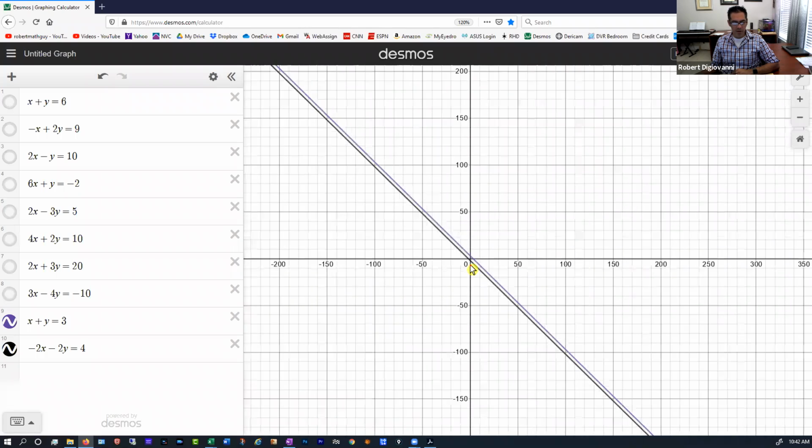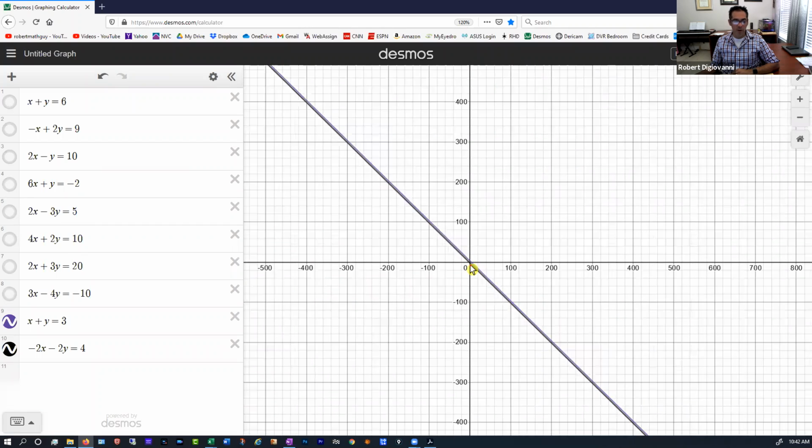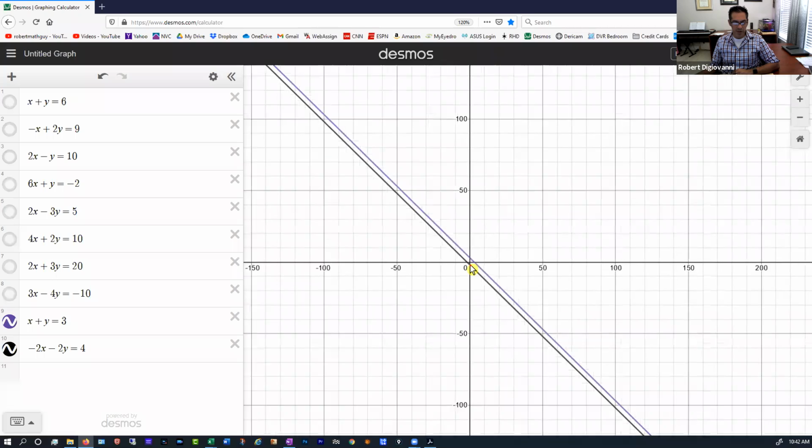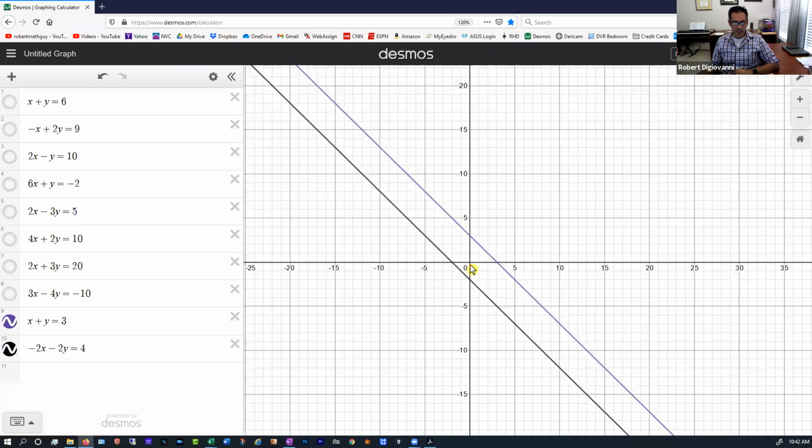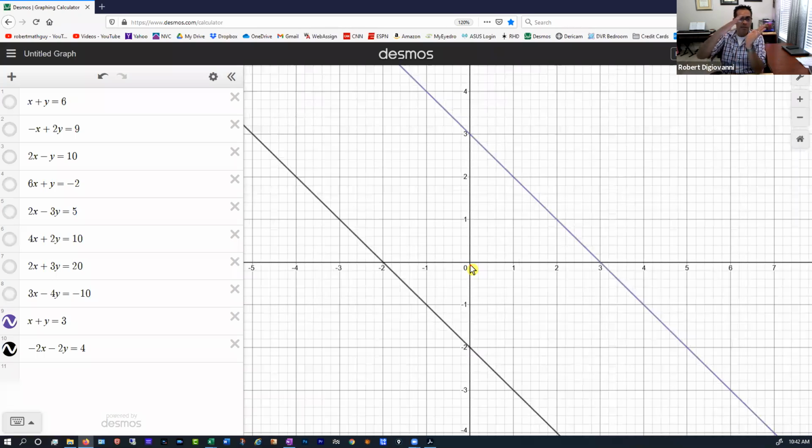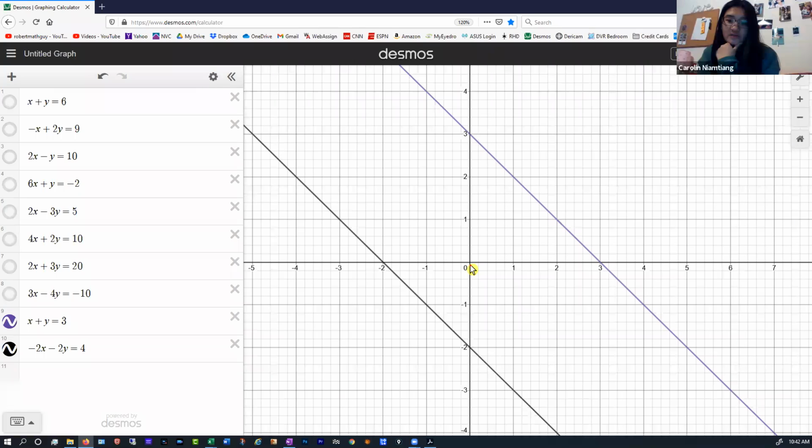These lines, they're not the same line now, right? But what are they? Something very special about them. What do we call that? Parallel? They're parallel. And parallel lines don't hit each other, right? They'll never hit each other.